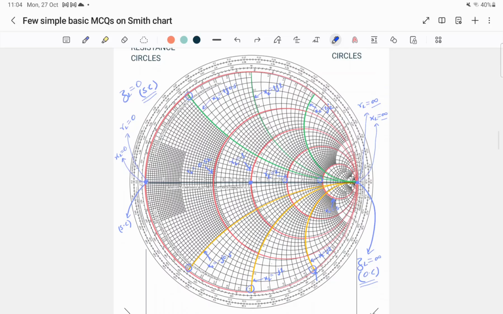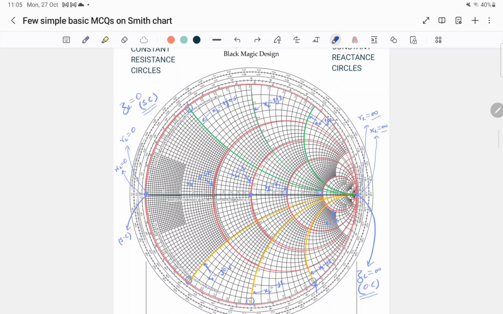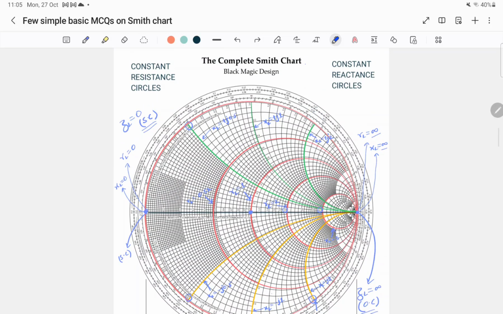Alright, and the largest circle drawn in the Smith chart is this circle. This constant resistance circle is also known as the purely imaginary or purely reactive circle. Why purely reactive?